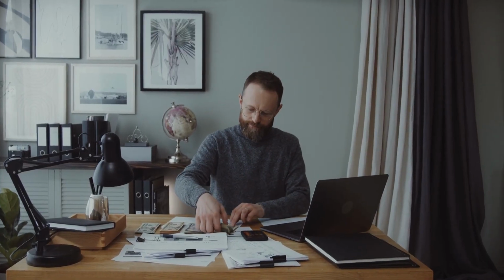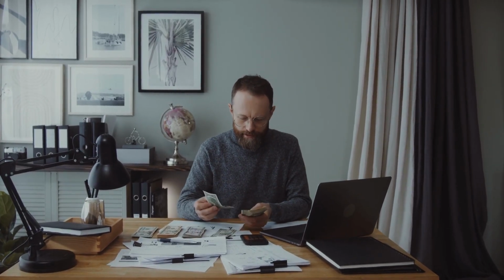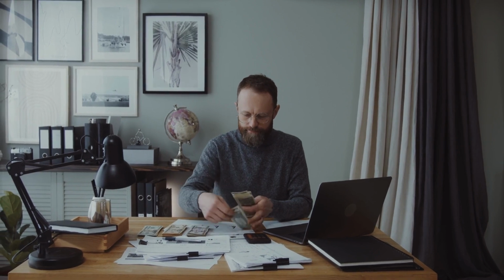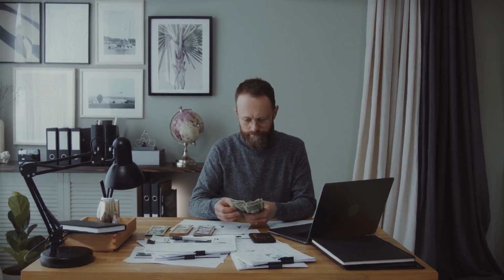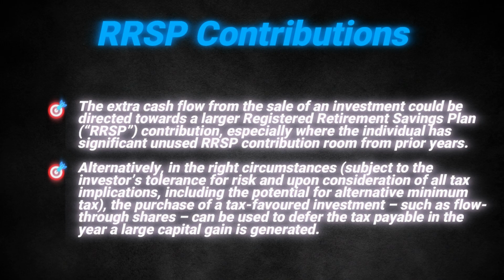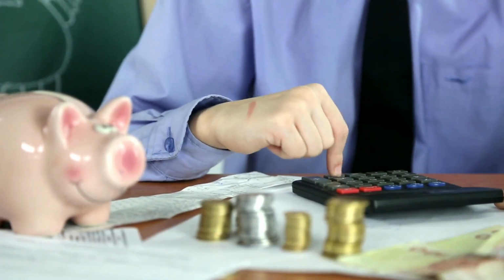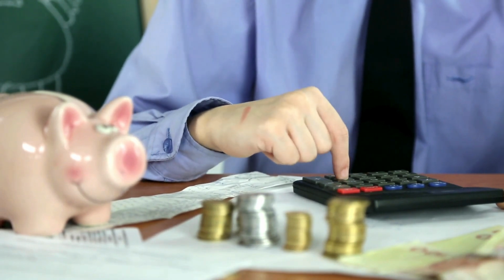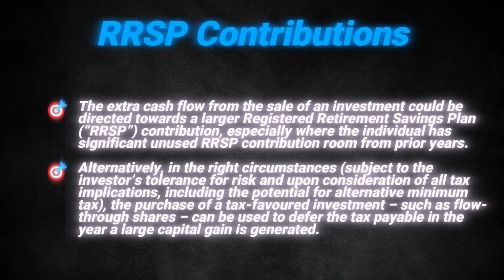Maxing out the RRSP will technically give you a tax deduction on your personal taxes, and you will be able to recoup some of the taxes as part of the deductions. So let's assume my gain was $200,000, I can technically contribute $31,000, provided I have the room, to the RRSP. By contributing $31,000 to RRSP, my tax liability will drop down by roughly $15,000, which is another great way to reduce your overall taxes.